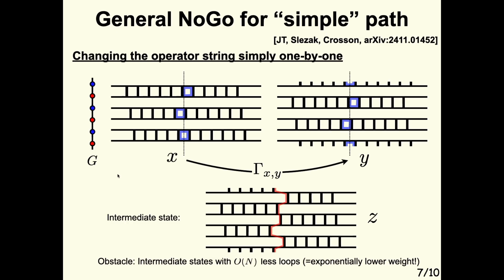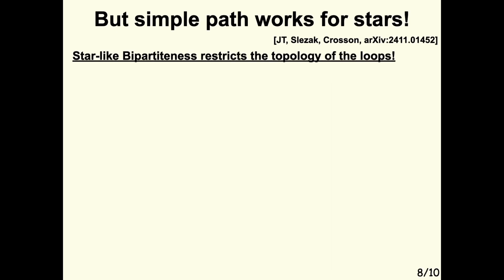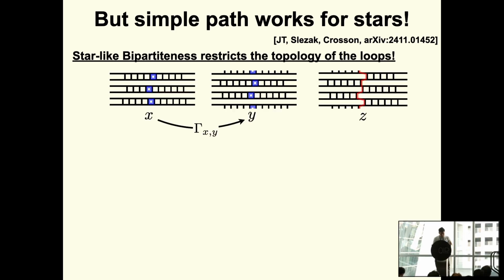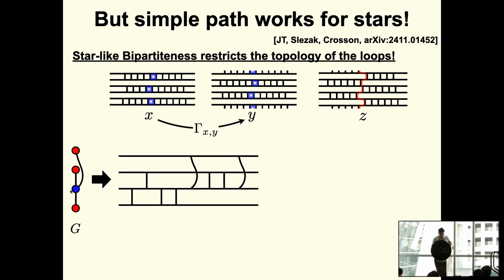However, our central observation is that if we restrict our interest to star-like bipartite graphs, which, as I said, only contain a small number of A sublattices, this simple path actually works. So imagine a star graph like this, then a typical configuration would look like this.